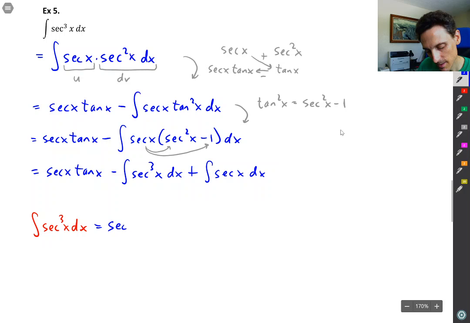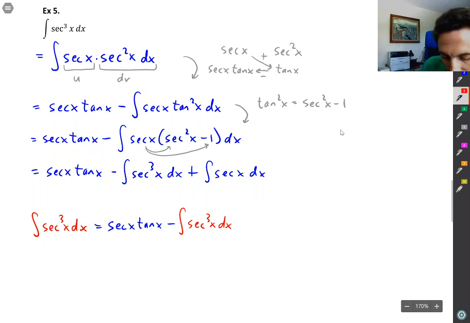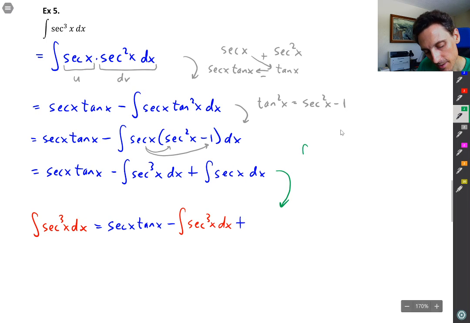So we have secant x tangent x minus, I'm going to highlight this integral, secant cubed x dx. And then plus the integral of secant x. Well, let's take a moment to figure that out. The integral of secant x. We'll take this off to the side. Integral of secant x dx.